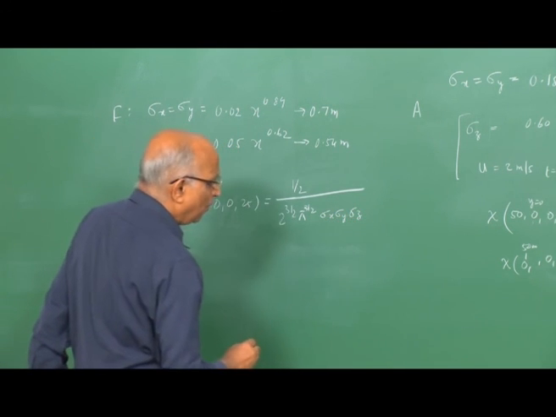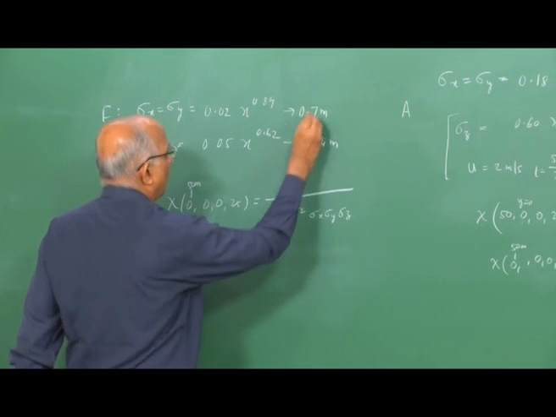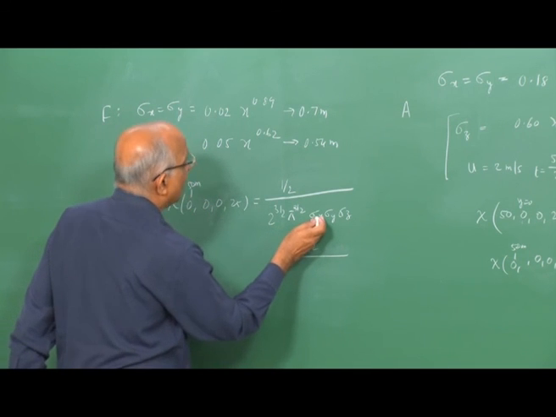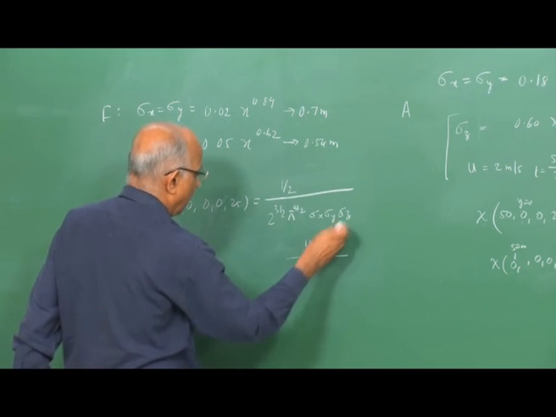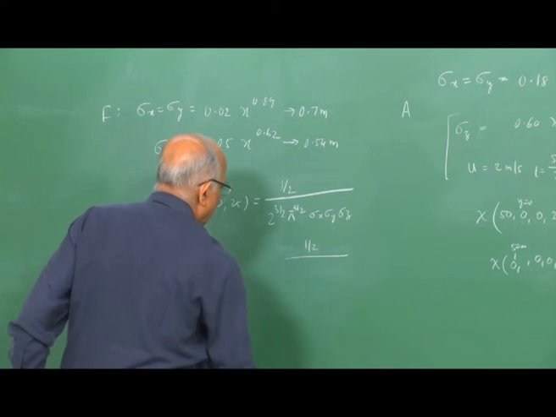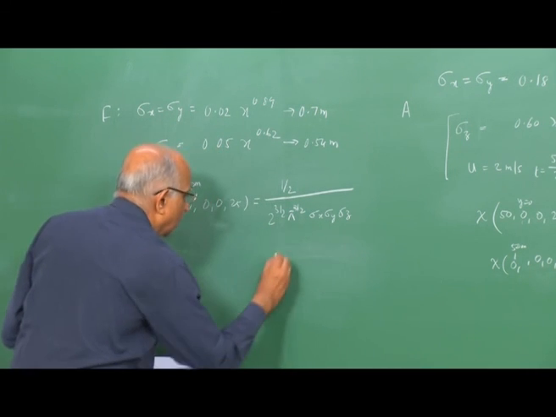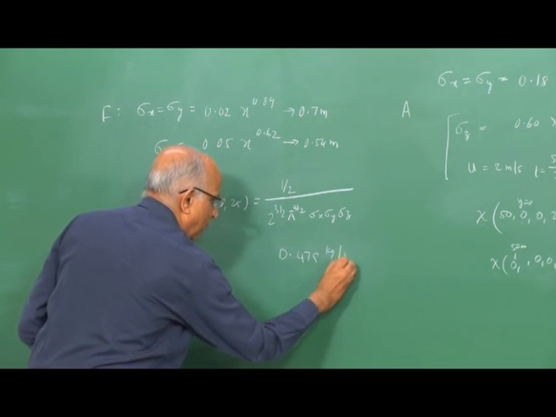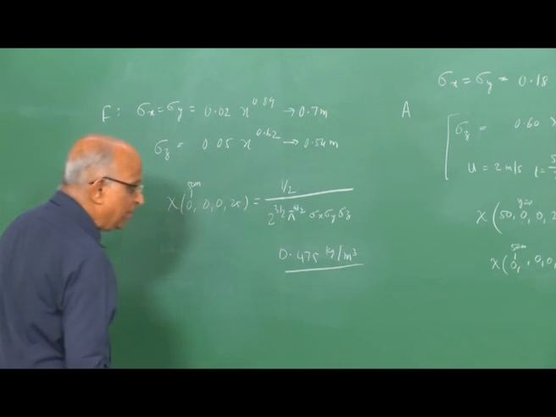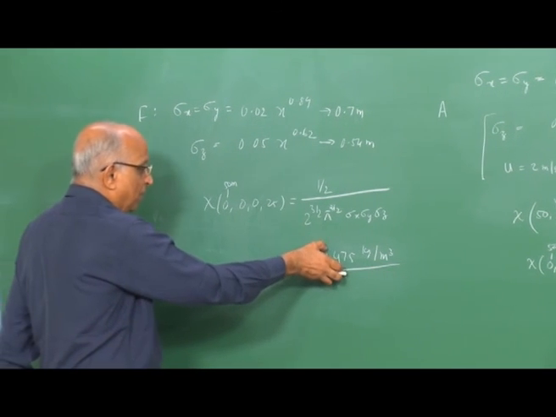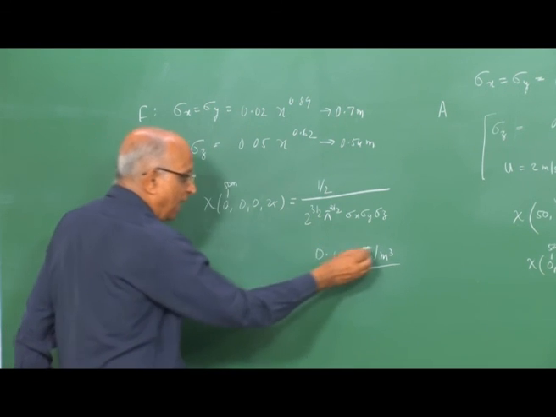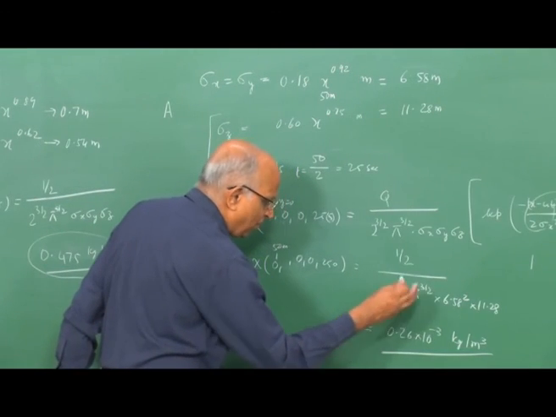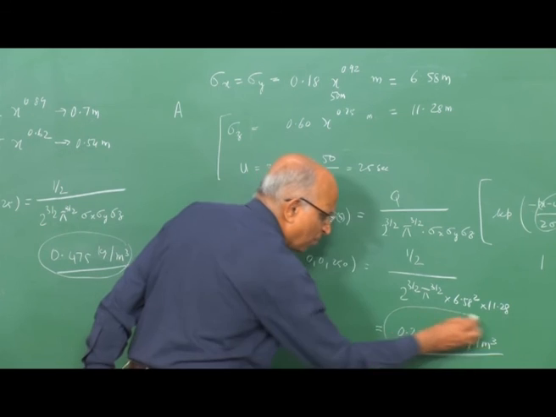And now if I put the value, half kg per second into these values, sigma x, sigma y is 0.7 square and 0.54, the particular concentration comes out to be equal to 0.475 kilogram per meter cube. Therefore, you immediately see when the condition of the atmosphere is cold, it is stable, I have a large concentration. When it is unstable, well, the gas sort of diffuses out very fast and I have a small value of concentration.